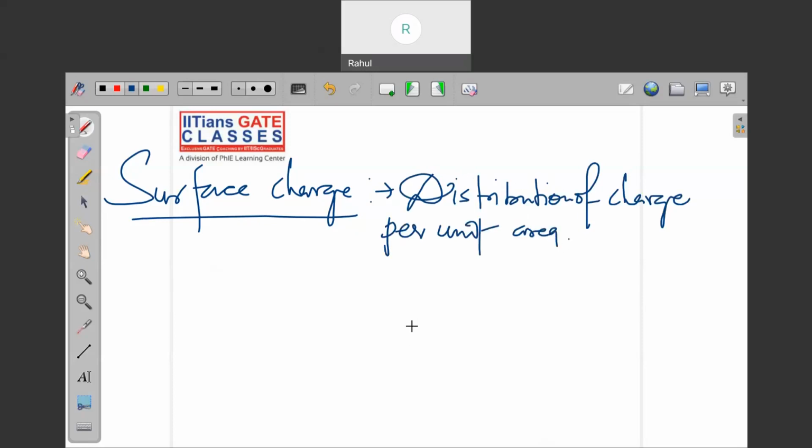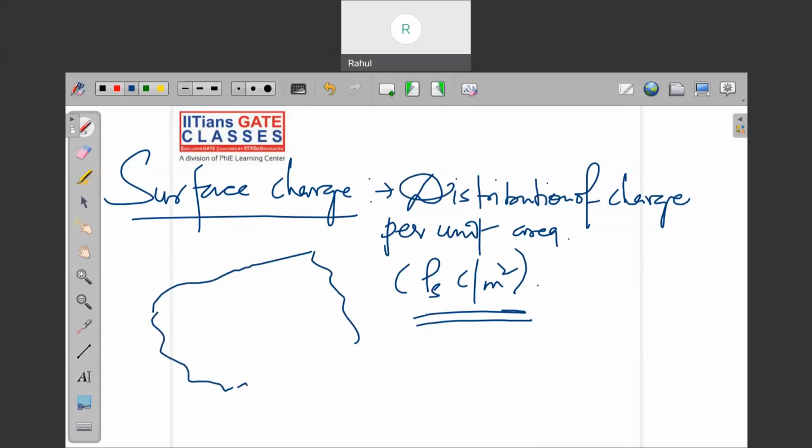How is it represented? That is rho s, Coulomb per meter square. So suppose this is a kind of surface.